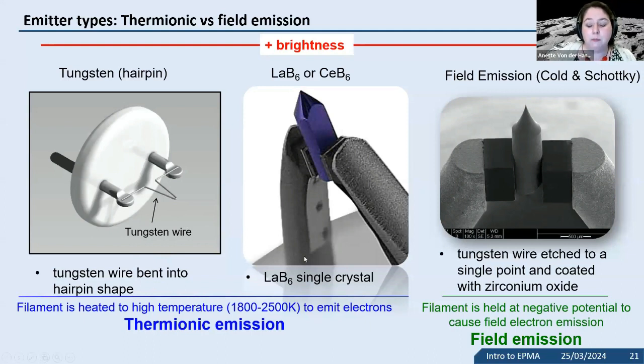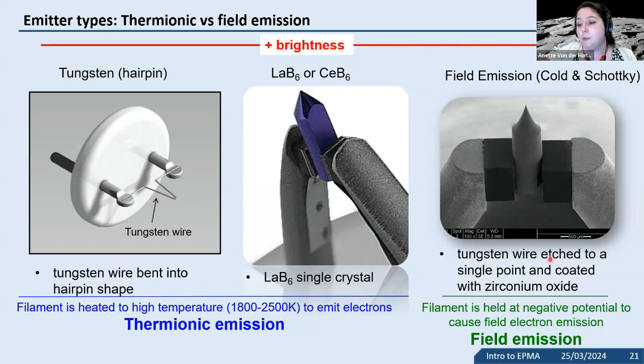And again, we like stability in our beam generation, because the only differences in X-ray intensities that we want to see are supposed to come from the sample and not from our electron beam. Lanthanum hexaboride and cerium hexaboride are just a different material, also part of thermionic emission, and sit kind of in the middle. It's a bit more expensive in running costs and purchase, a little bit less stable, but gives better spatial resolution.